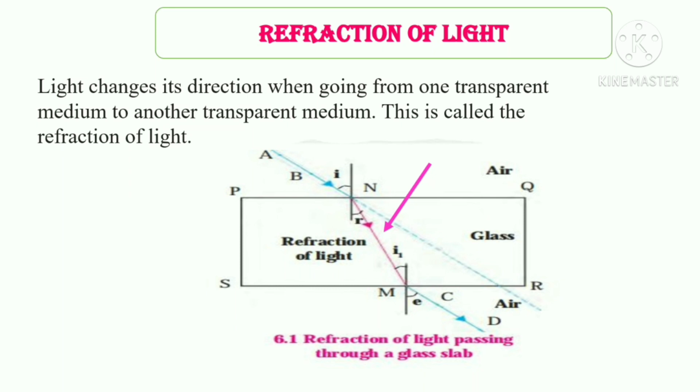Here in this diagram you will see the first refraction occurs when a light ray enters the glass from air at point N on side PQ. The second refraction occurs when light enters air through glass at point M on the side SR.